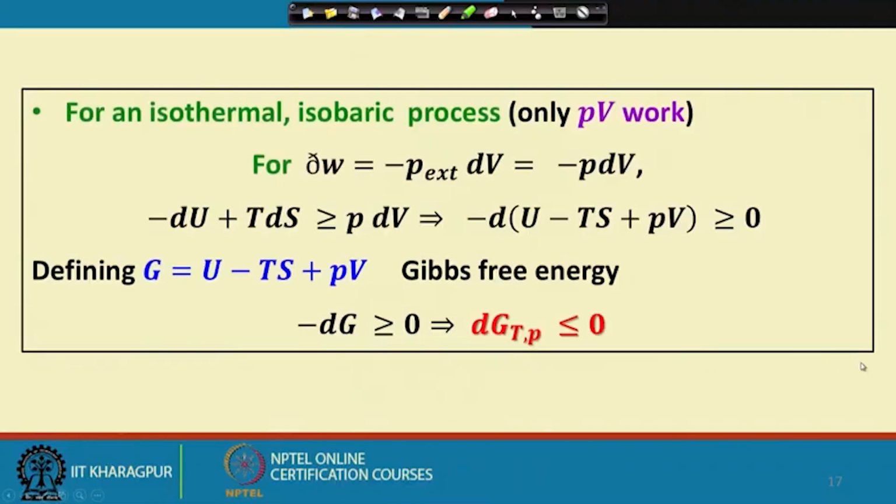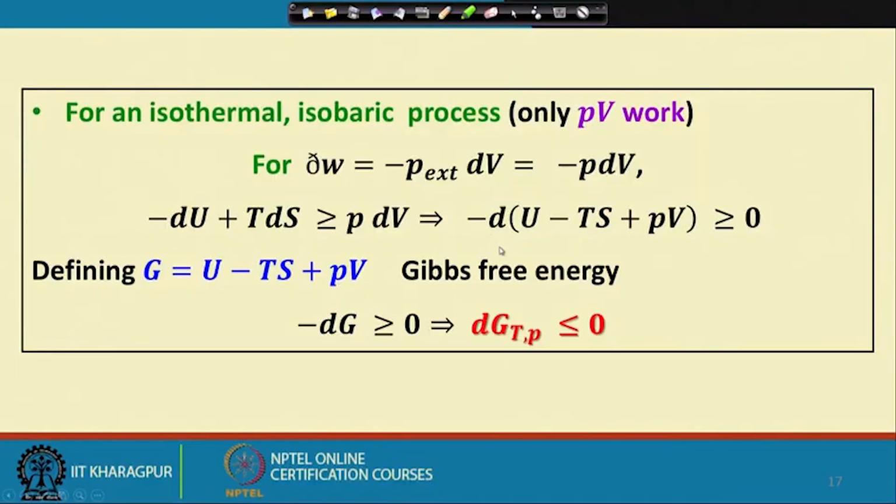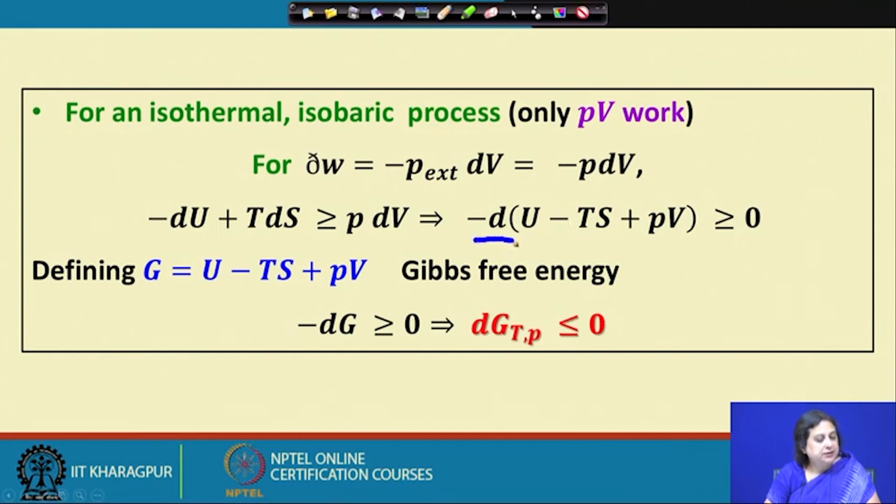I will leave you to work on this test case where there is an isothermal and isobaric process with only pressure volume work. In that case, it is very easy to show that this particular condition must be valid, that the decrease in this particular quantity should be greater than or equal to 0.